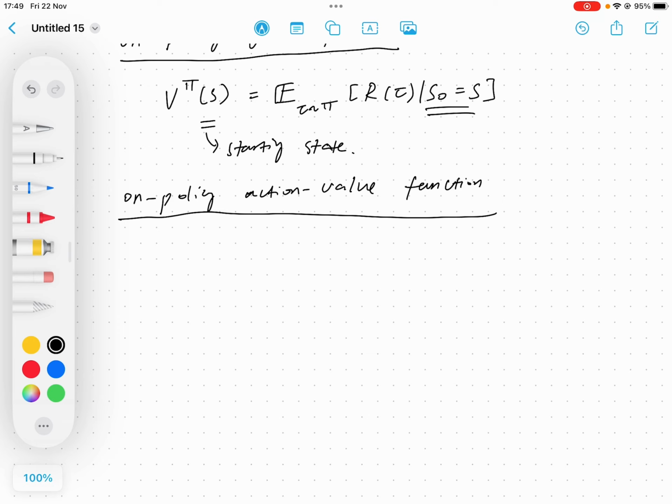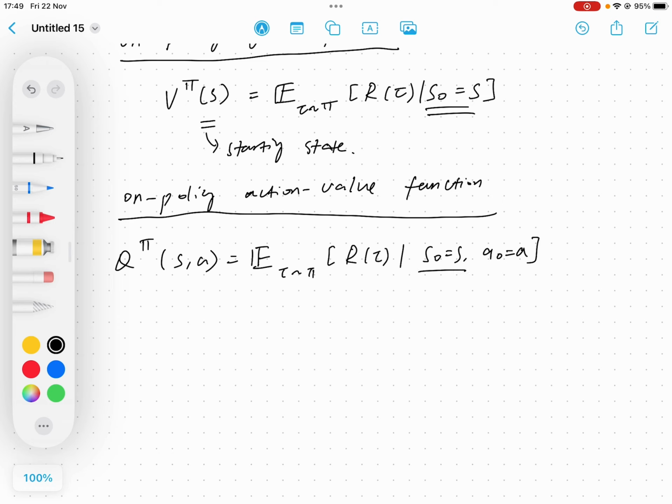So we use Q to denote the value function specifically for when we have a state-action pair. Q(s, a) is an expectation over tau of R(tau) given s0 = s, a0 = a.